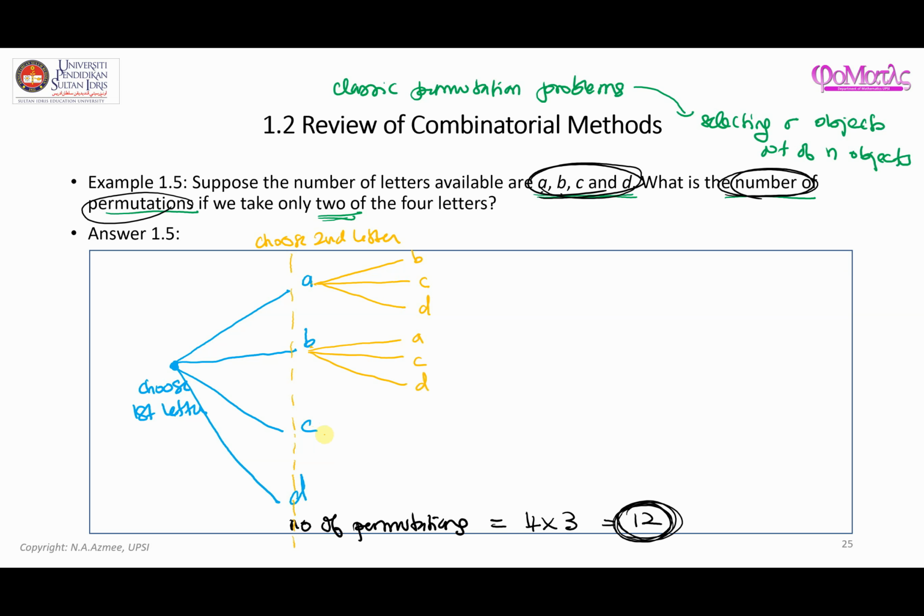If you have already chosen C, that means you only have A, B, and D. And finally, if you have chosen D in the first stage, that means you only have A, B, and C.